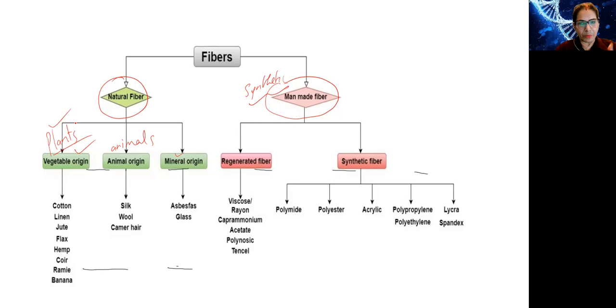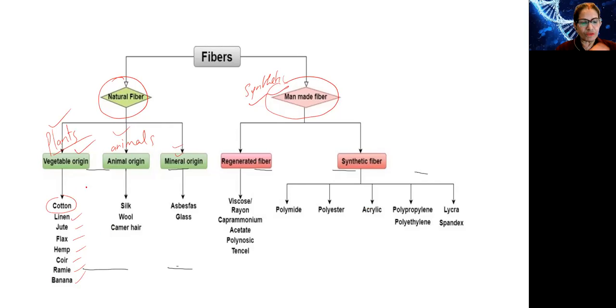We can get the fiber from the plants naturally, or from the animals naturally, or from the minerals. So from the plants, or vegetable origin, we get cotton, linen, jute, flax, hemp, coir, ramie, then banana. All these are the vegetable origin fibers.